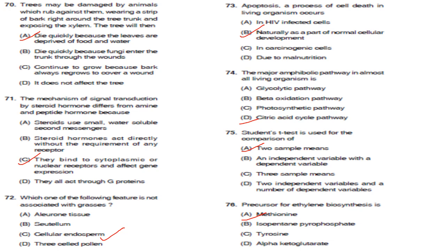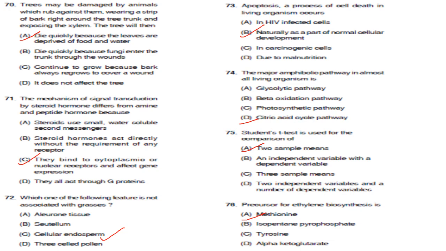Now what will happen in the case of amine and peptide hormones? These hormones are unable to diffuse through the lipid bilayer of the cell membrane and they must pass on their message to the receptor located at the surface of the cell. The receptor then initiates a signaling pathway within the cell. So the mechanism of signal transduction by steroid hormone differs from amine and peptide hormone because they bind to cytoplasmic or nuclear receptors and affect gene expression.